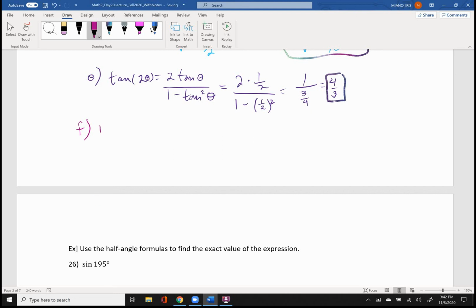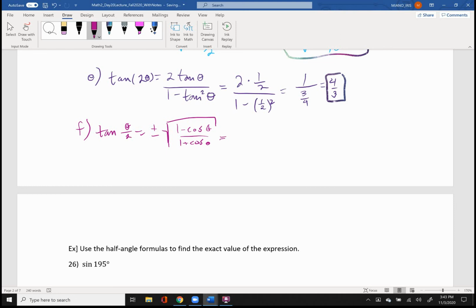So tangent theta over 2 is the plus or minus square root of 1 minus cosine theta over 1 plus cosine theta. And again, you'll need to discover which sign you're going to take based on the location of the angle.